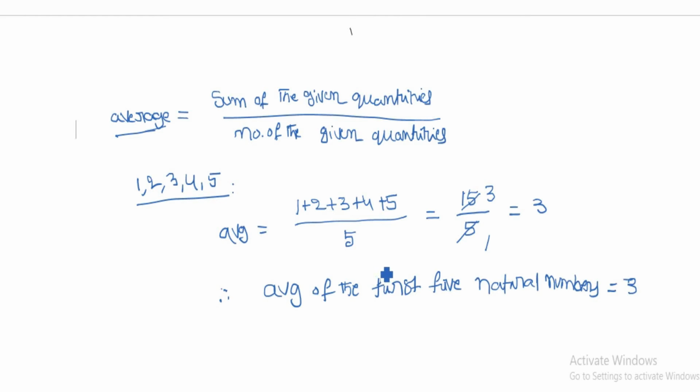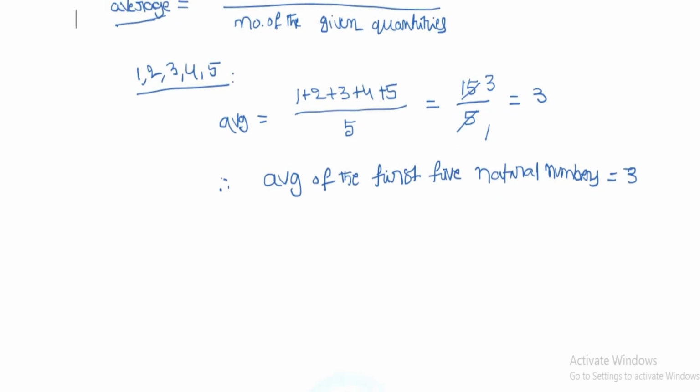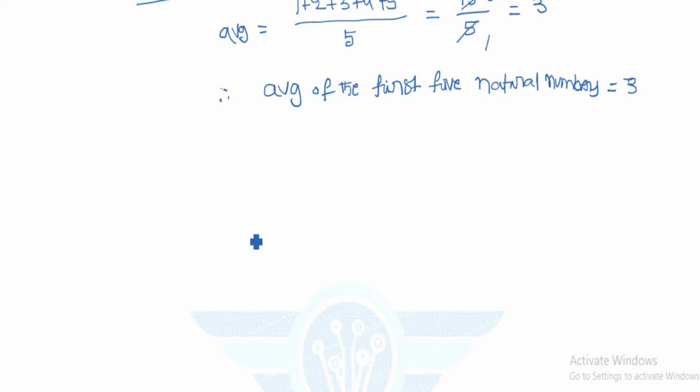There is one shortcut method to find the average of the natural numbers. Shortcut method.